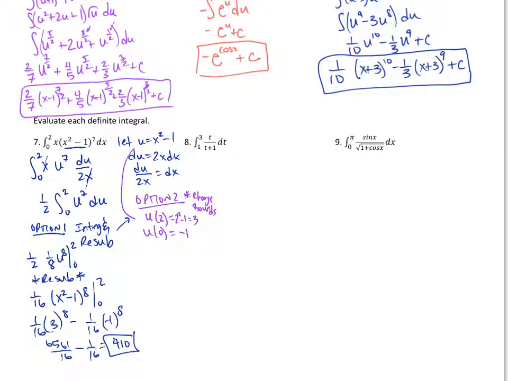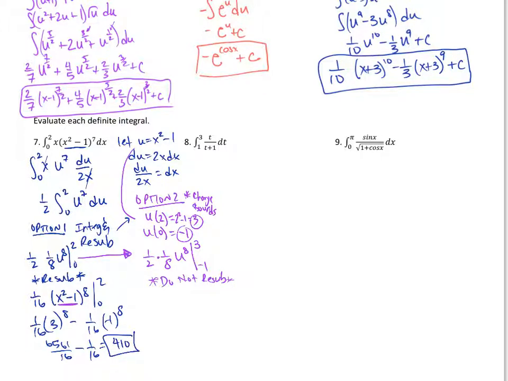So we can take it from the point where we had the 1/2 times the 1/8 u to the 8th, and now I can put in these two new bounds. So it'll be from -1 to 3, and now do not resubstitute. So that's a second option. This is actually a cleaner option when the problems get bigger.